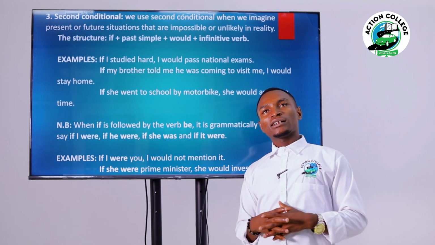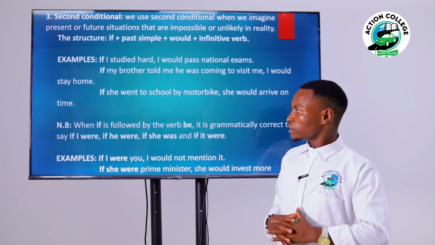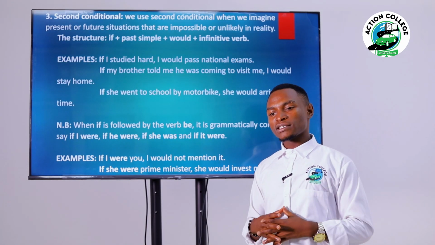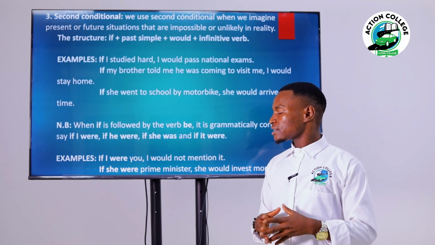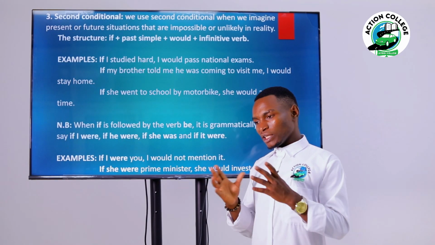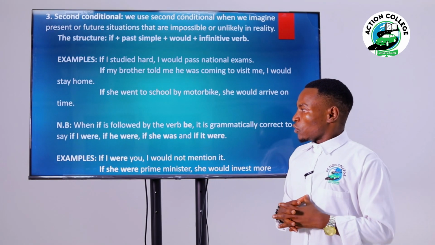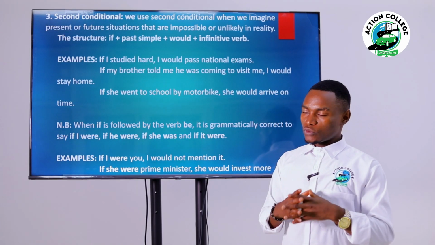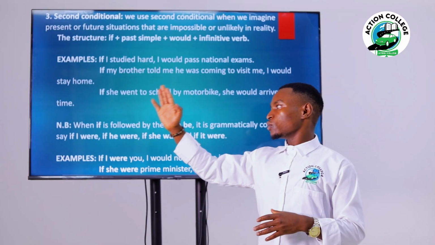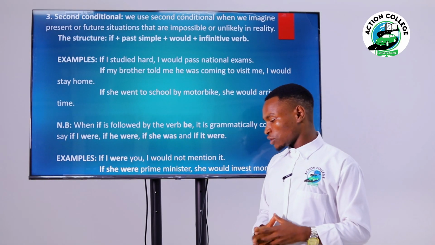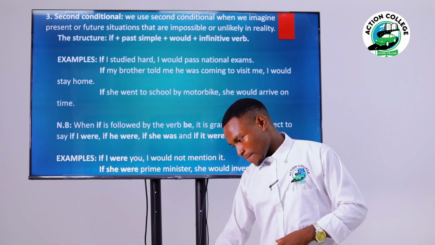You might have heard many people making this mistake, saying if I was or if he was, but that is a grammar mistake. Whatever subject you might have, you are supposed to use were in the conditional. Let's look at examples.